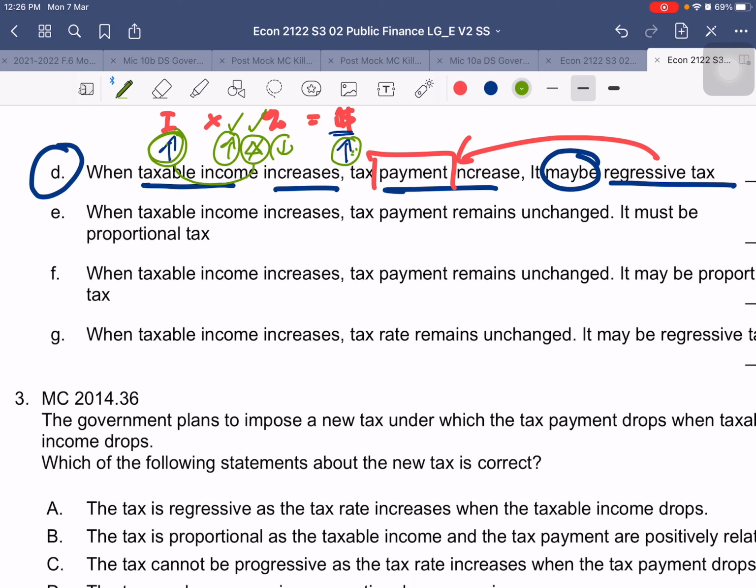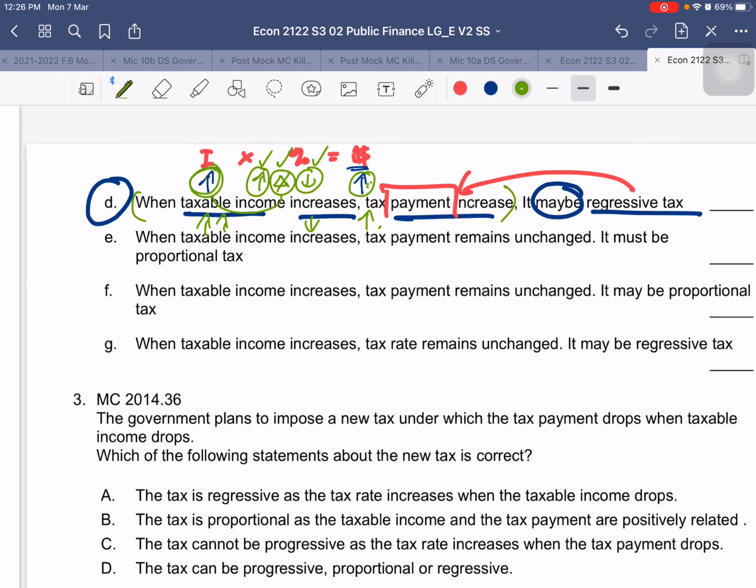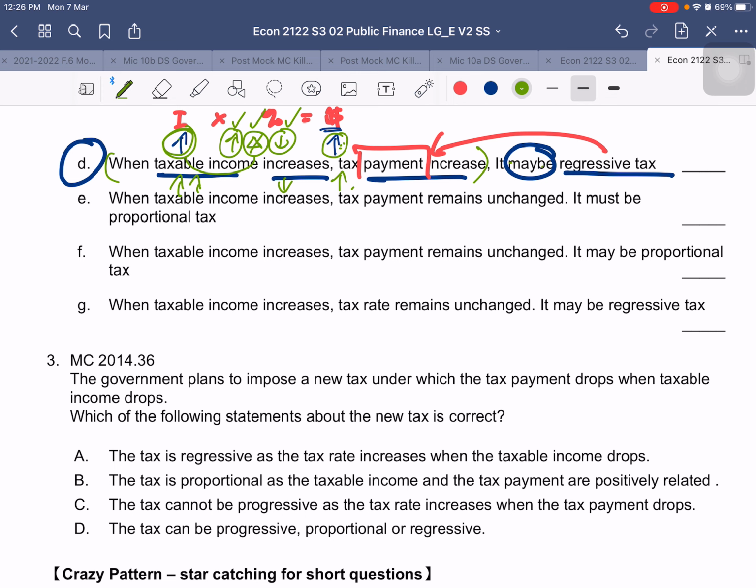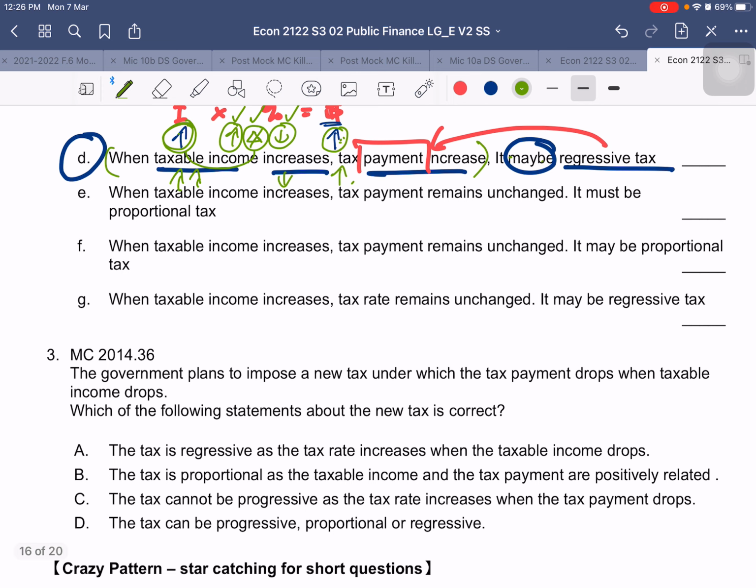Okay, decrease in tax rate. If the income increase is more than the tax rate decrease, the tax payment will also be increased, right? So it's still possible. So we know that in this condition, all types of tax would be possible, and it uses the wording "may", so that will be correct.